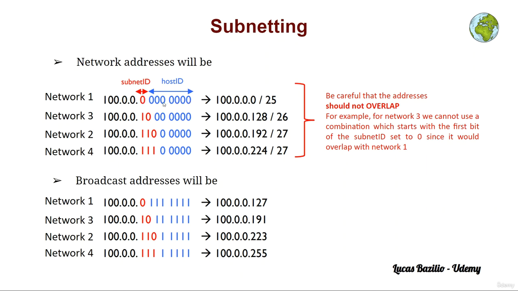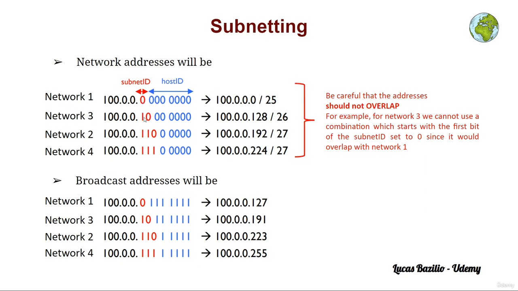In fact, if you pay close attention, this value 0 of the subnet ID is at index 7 of this 8-bit number, right? This is index 0, 1, 2, 3, 4, 5, 6, 7. So we have a 0 at index 7. This means that this is going to be an identifier of network 1. No other network can start with a 0, right? So here we use a 1.